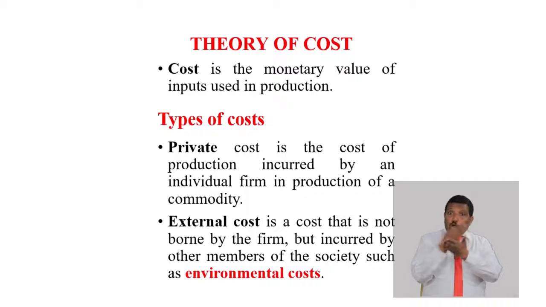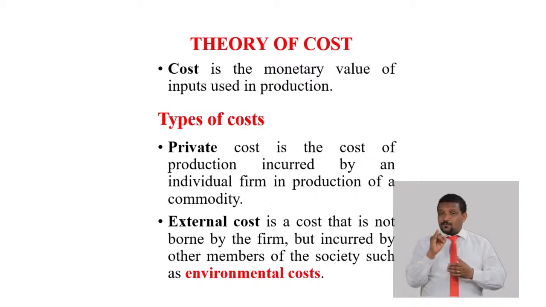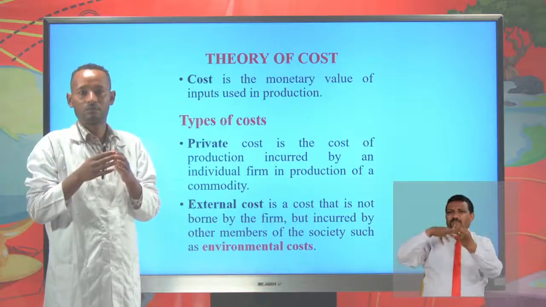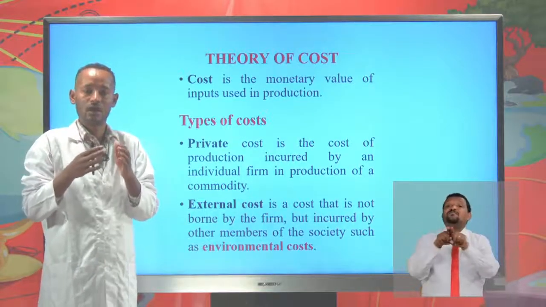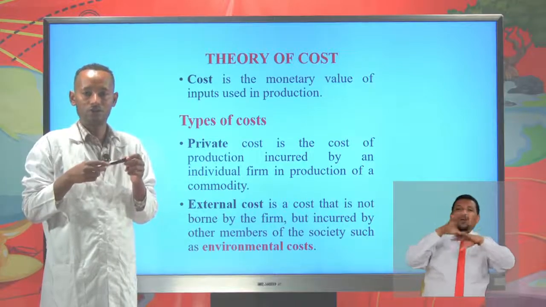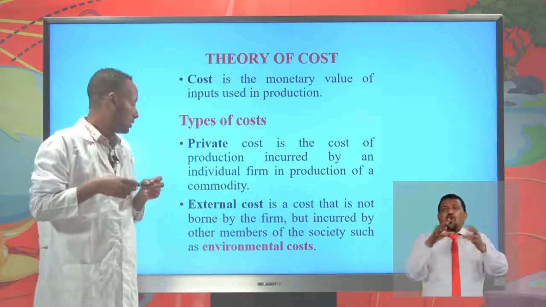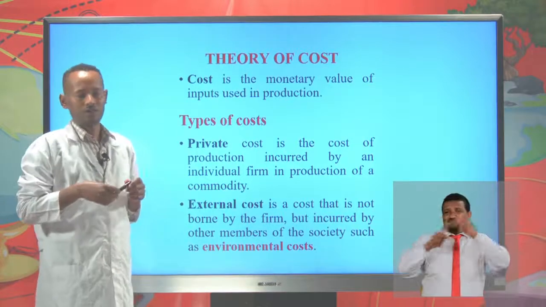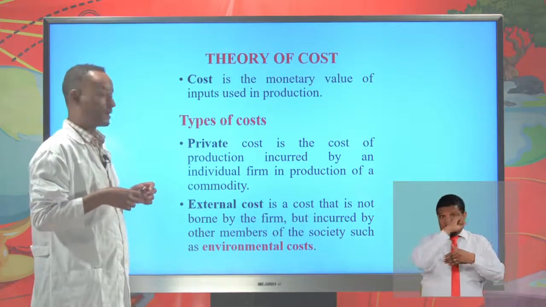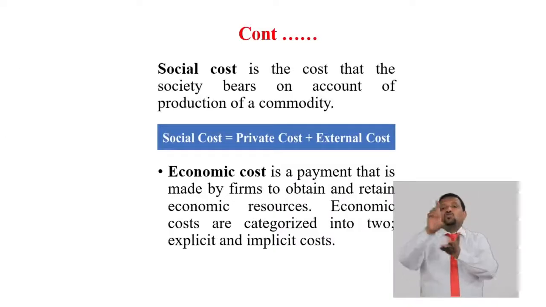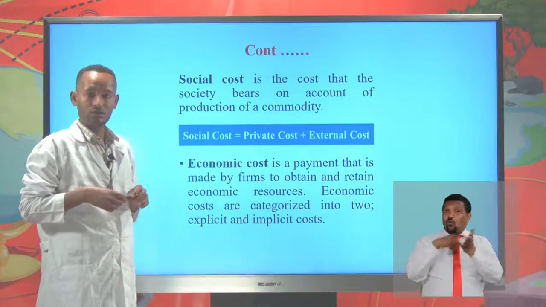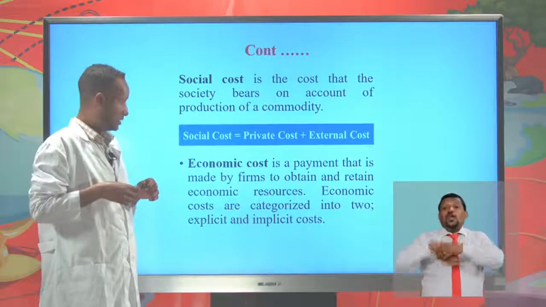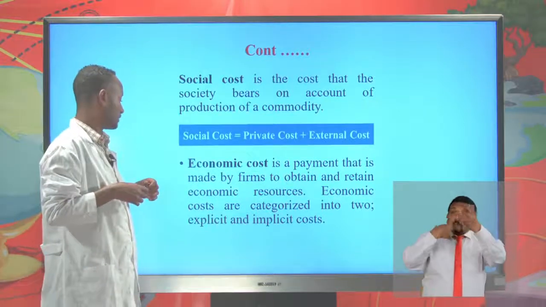When there is production, there are environmental problems associated with the production of a commodity, such as land pollution, soil pollution, noise pollution, and the like. These costs are incurred by members of the society. These costs are considered as external cost. The social cost is the sum of the private cost, the cost that is borne by the private firm, and the external cost, that is the cost that is borne by the society.